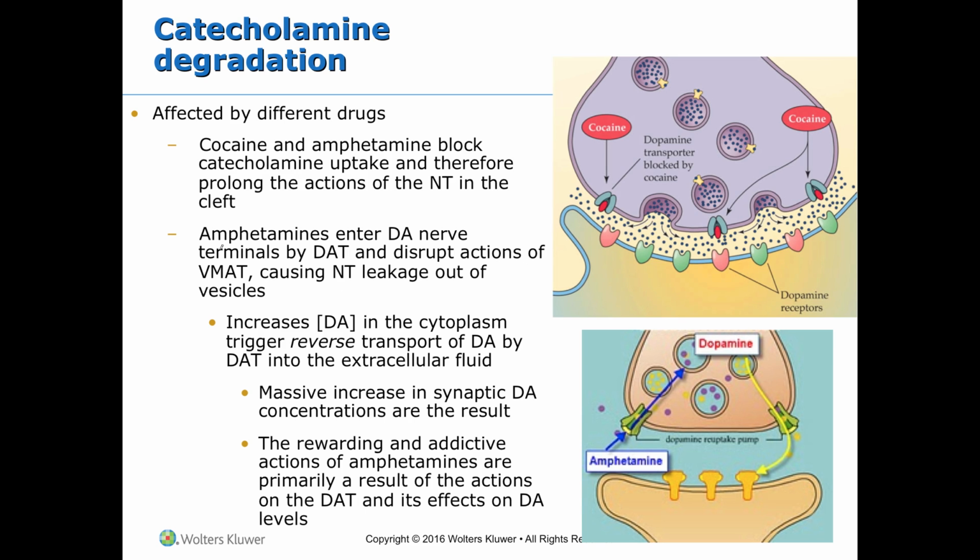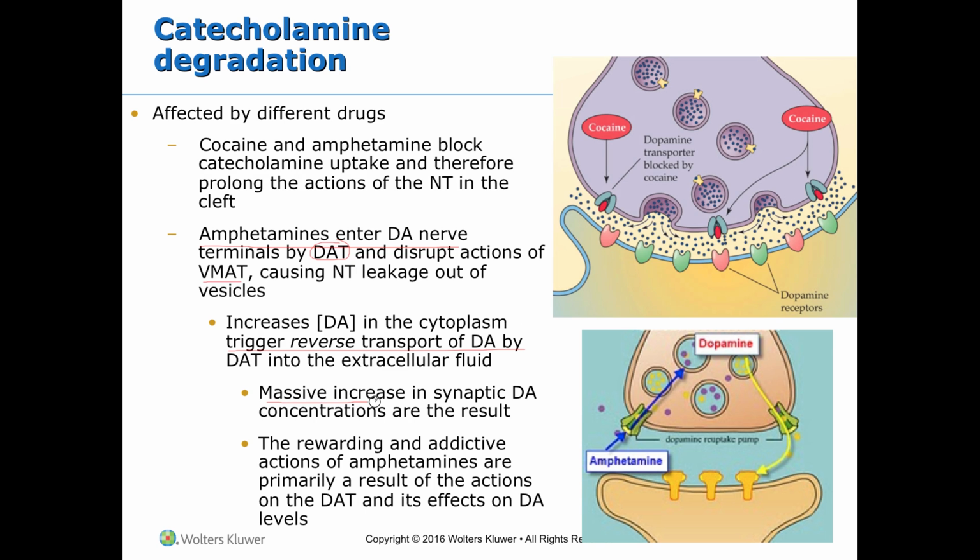Amphetamines enter the dopamine nerve terminals by the dopamine active transporters and disrupt the actions of the vesicular monoamine transporter, which causes neurotransmitter to leak out of the vesicles. As dopamine concentration increases in the cytoplasm, it can trigger a reverse transport of dopamine by those dopamine active transporters and push a lot of that dopamine back out into the extracellular fluid.